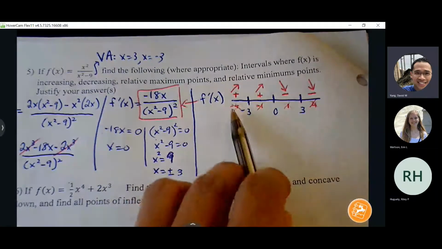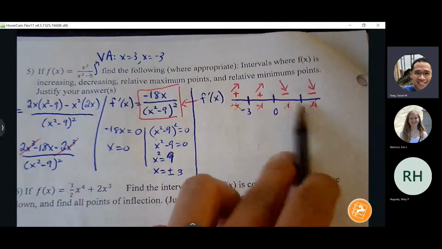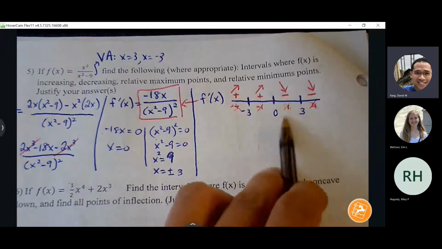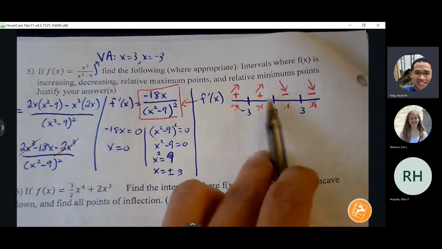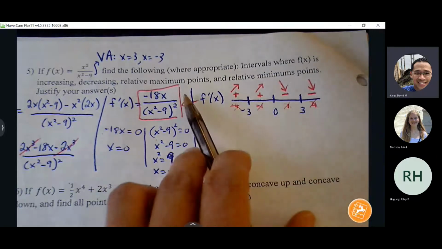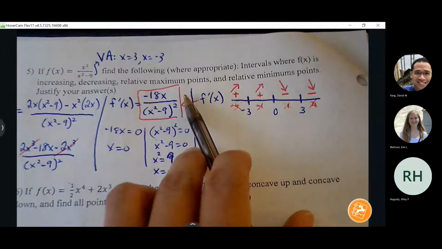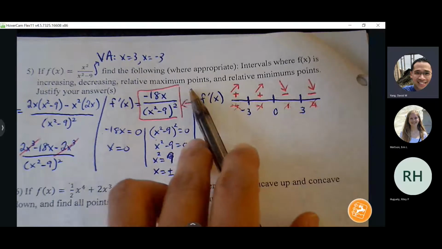Okay, so we have interval increasing in 2 separate intervals, interval decreasing in 2 separate intervals, and what do you expect at 0? Okay, what do you say? What do we call that? A relative max, yeah. So it's asking for relative max points.